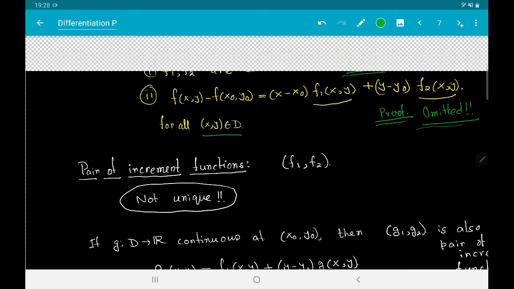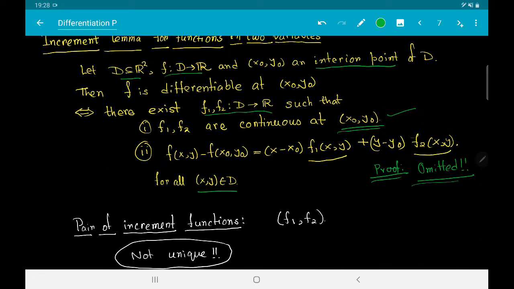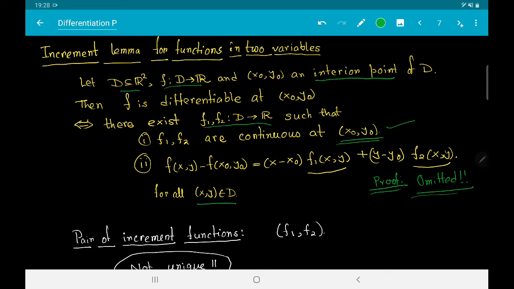So if the function is differentiable, then these two functions, which are analogous to the increment functions in the case of one variable calculus, exist, and they are continuous, more importantly at the point x0, y0.